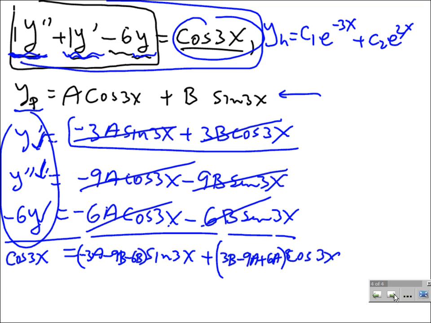Now, the left side you have to realize is 0 times the sine of 3x, plus 1 times the cosine of 3x. That's just cosine 3x. And the right side is, combining like terms, negative 3a minus 15b sine of 3x.